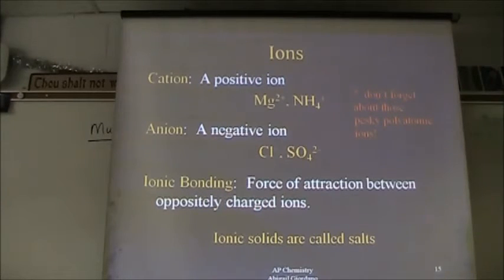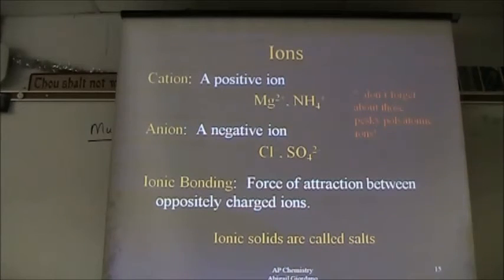So here we go. In the first column, I would definitely know acetate, hypochlorite, chlorite, chlorate, perchlorate, bicarbonate, nitrite, nitrate, and hydroxide.